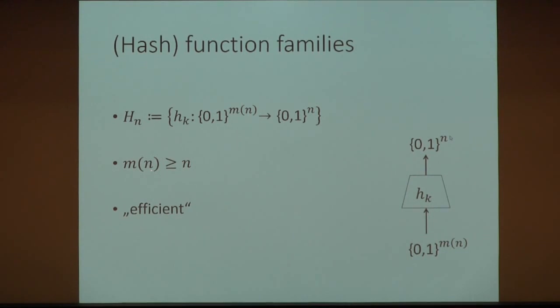So m is a function of n, and we normally consider m(n) to be bigger than n and normally polynomially bounded. So often m is something like 2 to the 64. And we want these functions to be efficient. In practice, this means really efficient, like in a few cycles we can compress short messages. In theory, we will simply assume these are evaluatable in polynomial time.